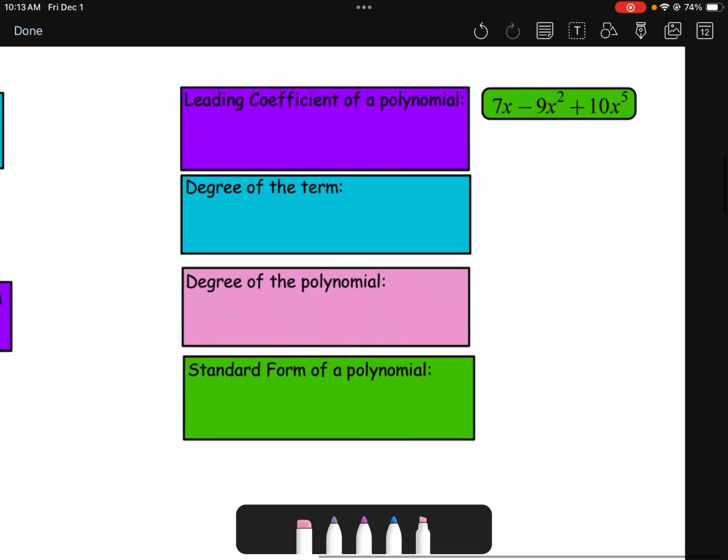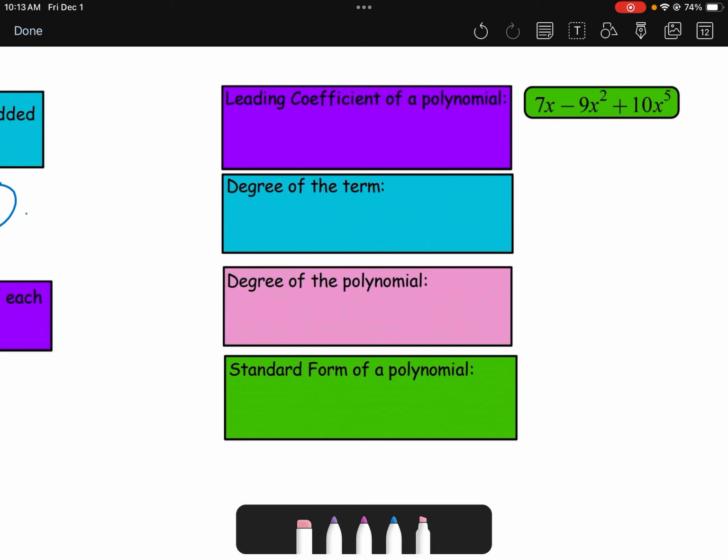So let's look here. Here we have a polynomial. One thing you're going to do, and again, this is not that big a part of your lesson, but it's good to understand the introduction to it. When I have to answer these questions, the first thing I'm going to do is put it in standard form. That means I'm going from the biggest exponent to the smallest.